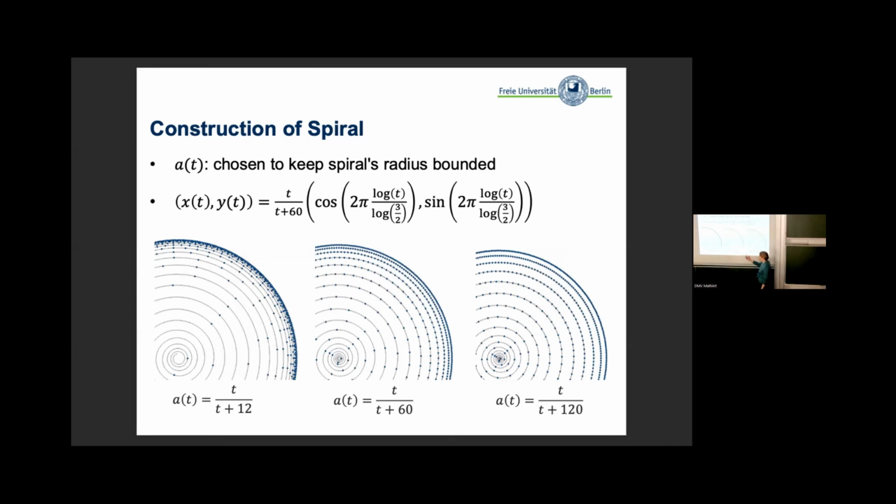And we went with this very common approach of saying, okay, we divide t by t plus some positive constant, so that in the limit we have a radius of 1 in the very end. Now this actually restricts the whole spiral into a unit circle and gives us the possibility on one hand to represent the whole sequence, and on the other hand to fulfill that we have these nice connections between the foretold and predicted elements on our sequence.